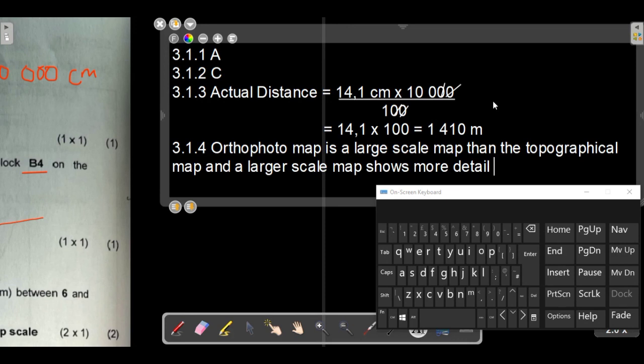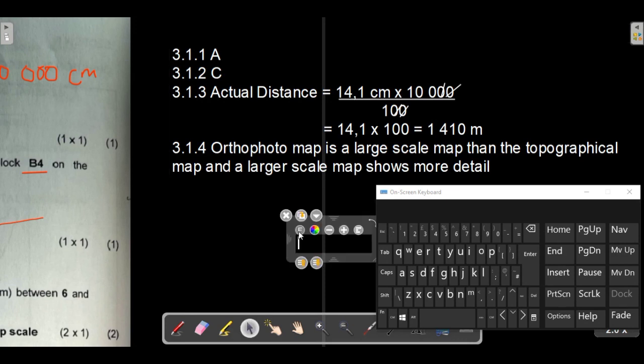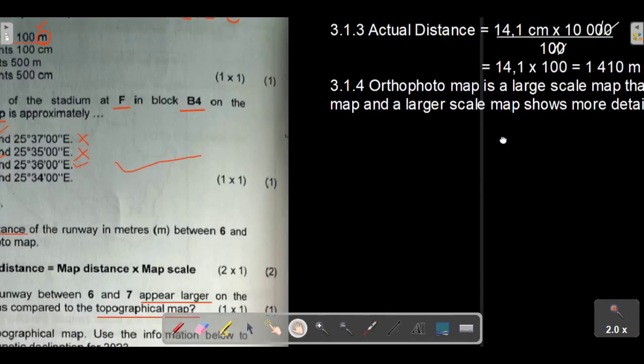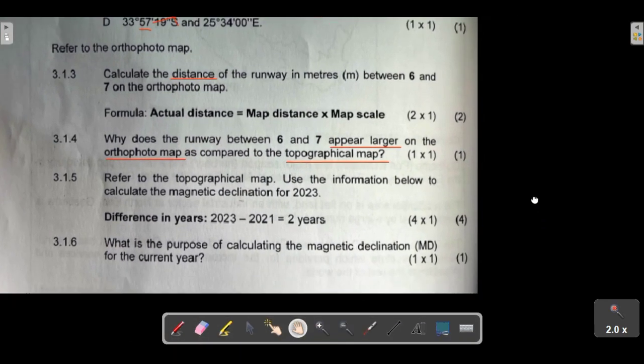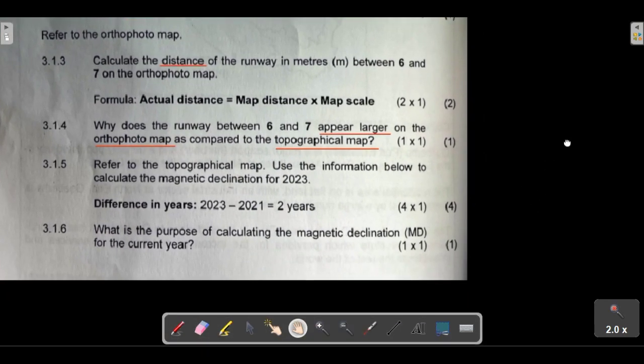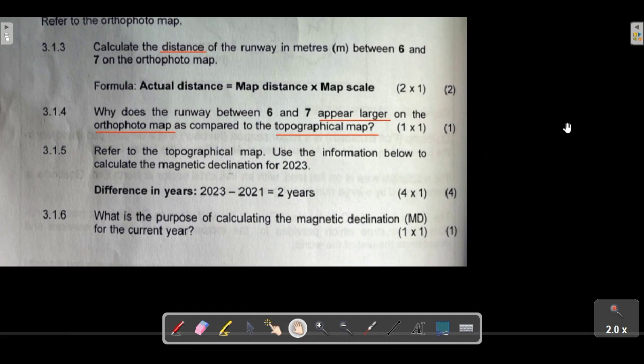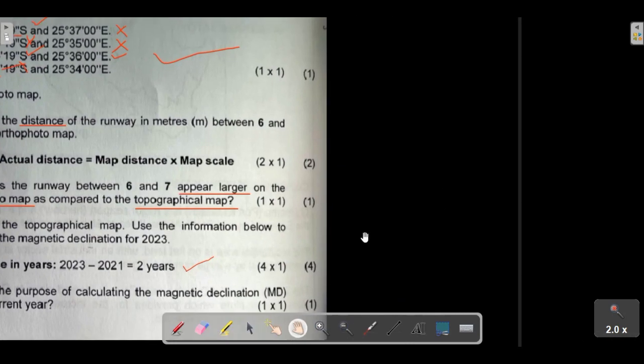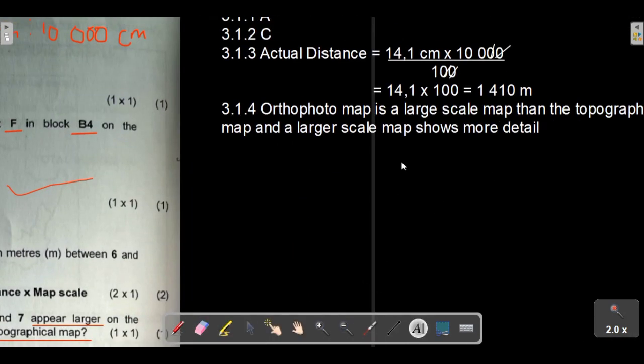Okay. So our next question is 3.1.5. 3.1.5 says, refer to the topographical map. Use the information below to calculate the magnetic declination for 2023. Okay, so they've already done the first step, which is of course to calculate the difference in years.